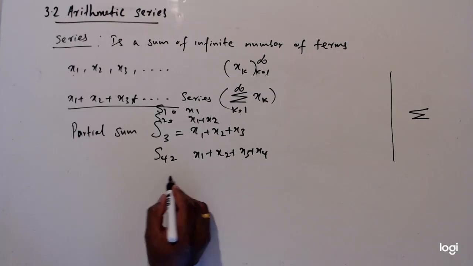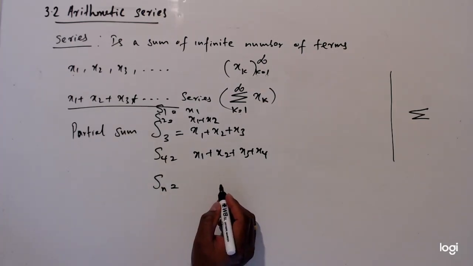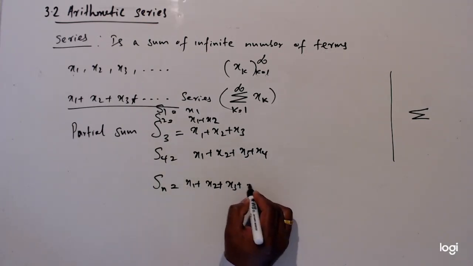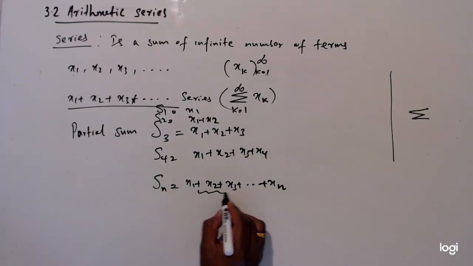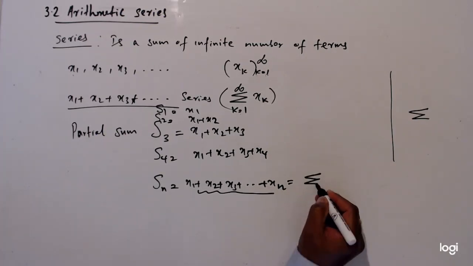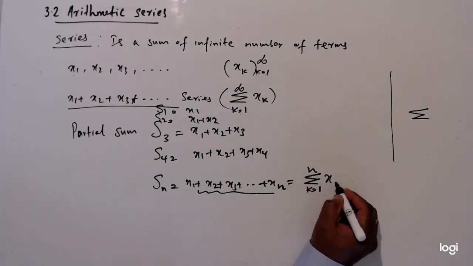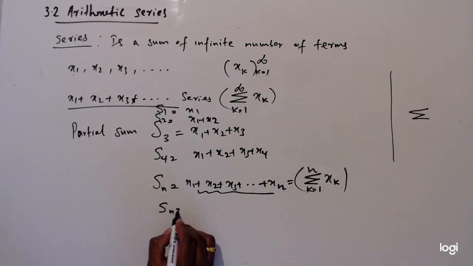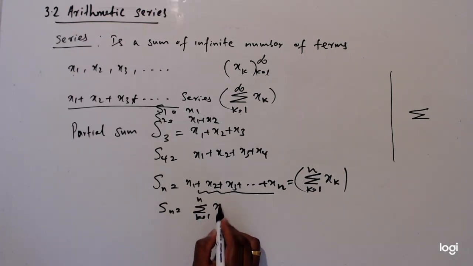So likewise we can write any partial sum Sn. It means x1 plus x2 plus x3 plus dot dot dot plus xn, up to the nth term. We simply write this in summation notation from 1 up to n, of xk terms. So Sn equals the sum from k equal 1 to n of xk.